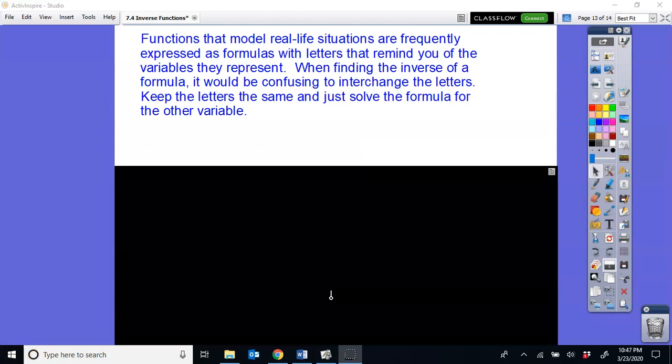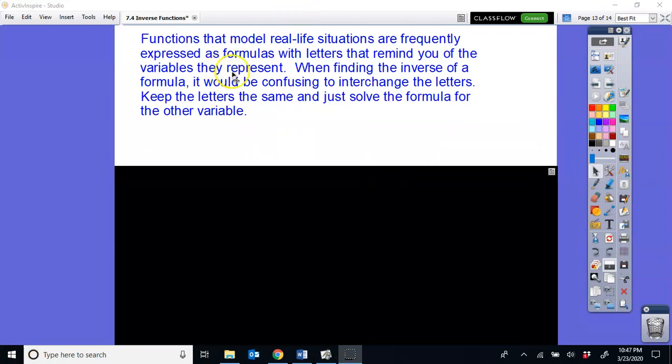All right, guys, we got a couple more things and we'll be done with inverses. The first is that when you are looking at a function that models real life values, let me give you an example of that you probably are familiar with from science class.